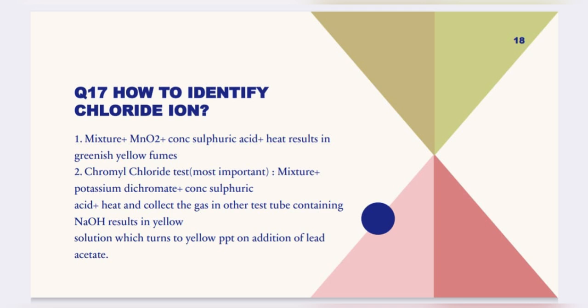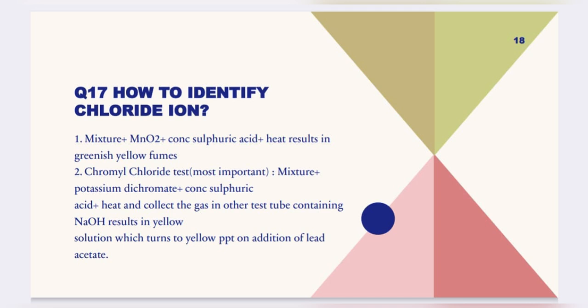The second and the most important test is called the chromyl chloride test. How do we need to perform this, my dear friends? The mixture is treated with potassium dichromate, that is K2Cr2O7, an orange colored solid, plus concentrated sulfuric acid, and it's heated. Collect the gas in another test tube which contains NaOH.